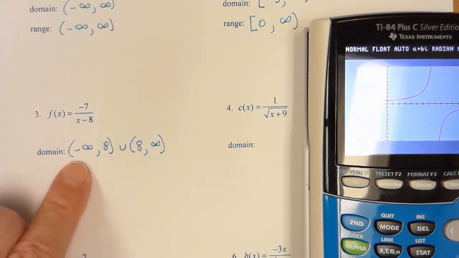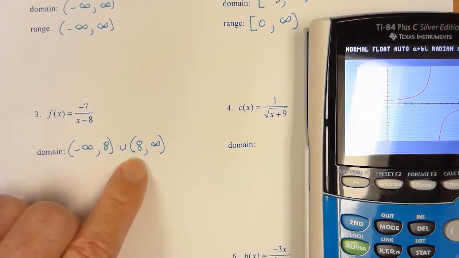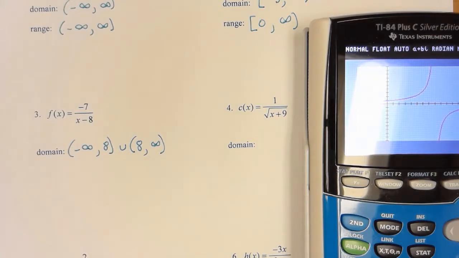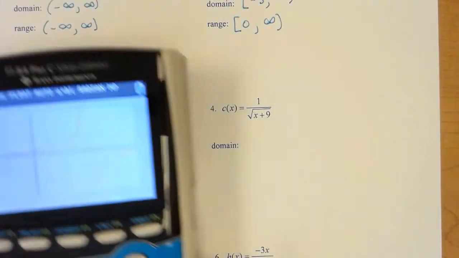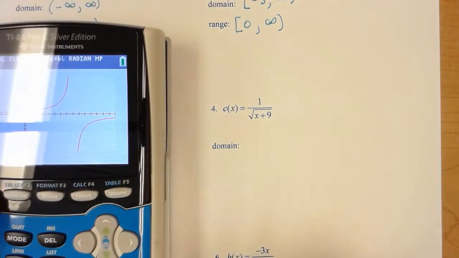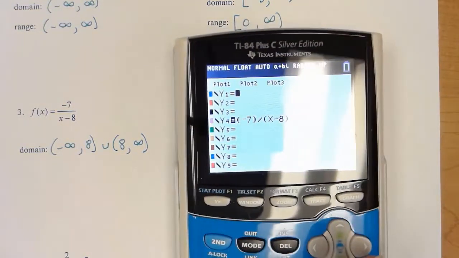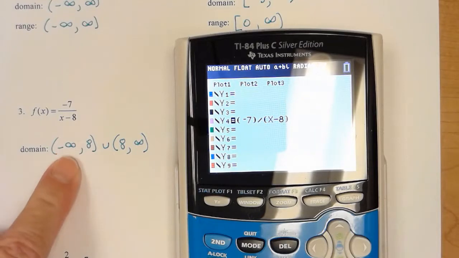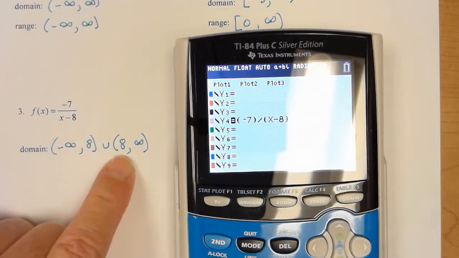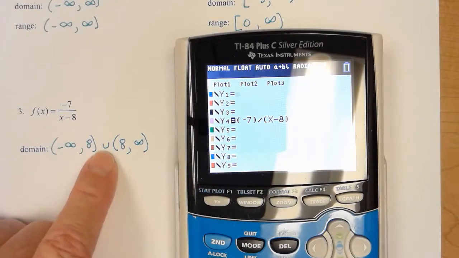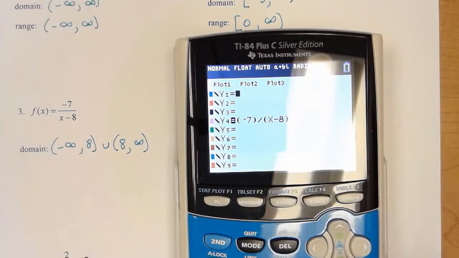So I've got negative infinity to 8 union 8 to infinity. This is a union, so it means these are the x values I can use.